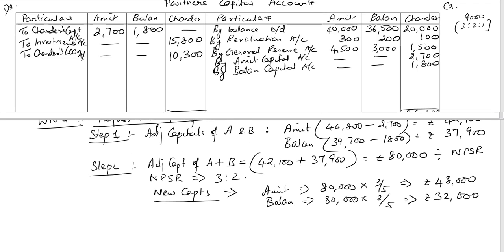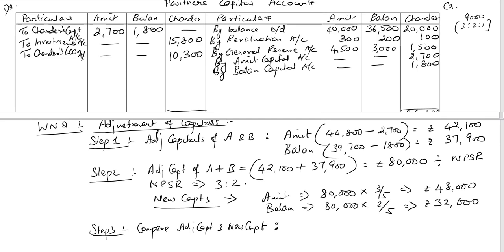The final step 3 is to compare adjusted capital and the new capital. We need to make the adjustments through current accounts. In the case of Amit, the adjusted capital is 42,100 rupees, whereas the new capital is 48,000 rupees.